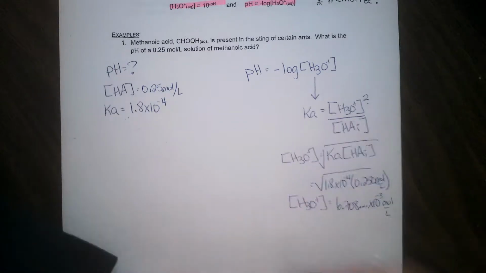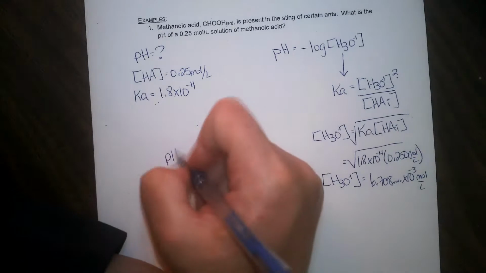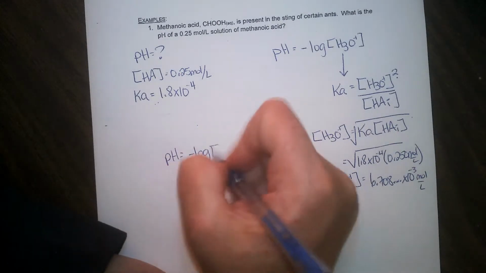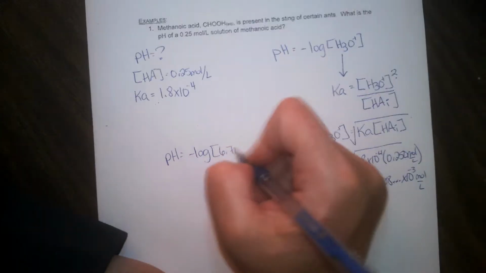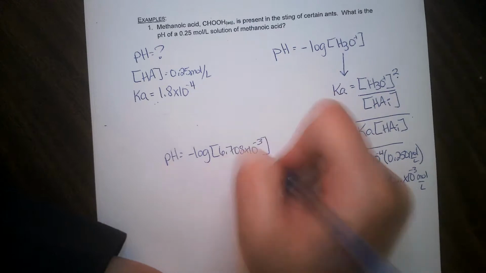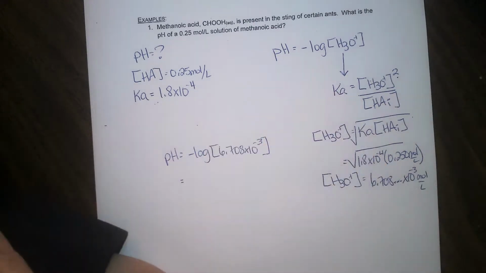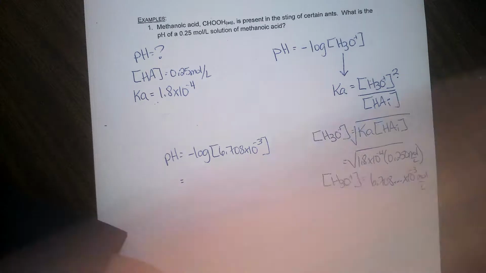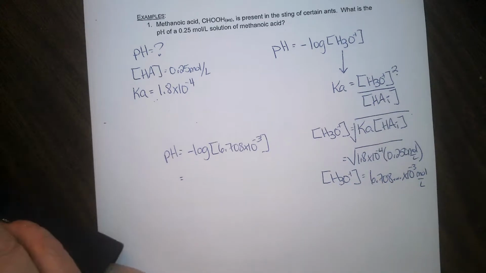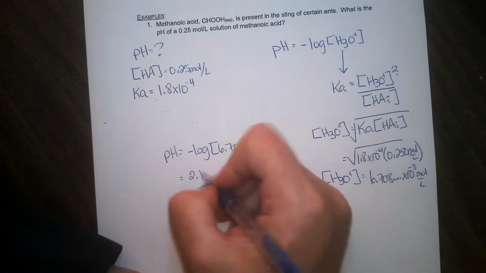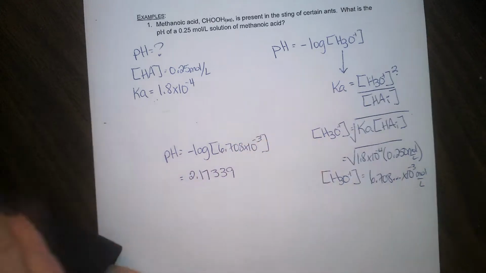That's the concentration. Now to figure out pH. On page 8 and 9, you find methanoic acid, and it's the value on the far right. So when I do this math, then okay.